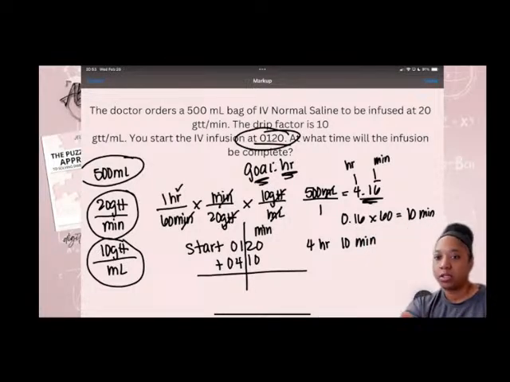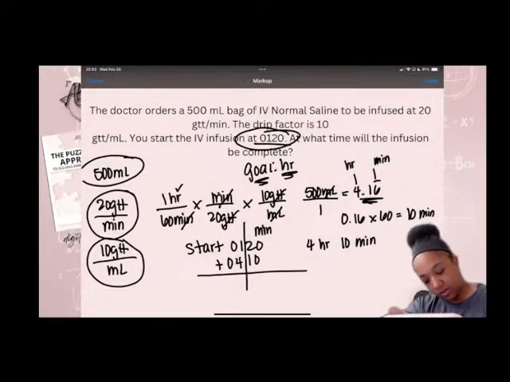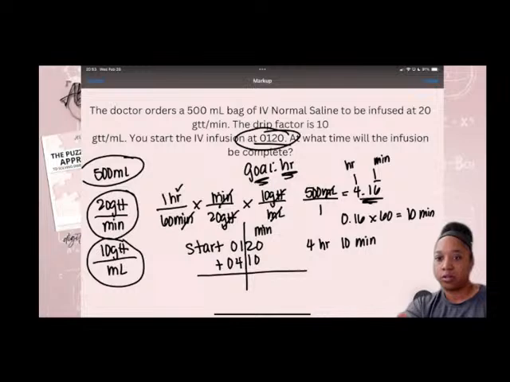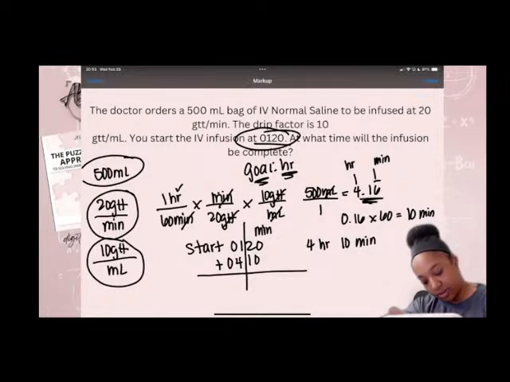All right, boom. So now we'll do 30 and then 1 plus 4 is 5. So our end time.